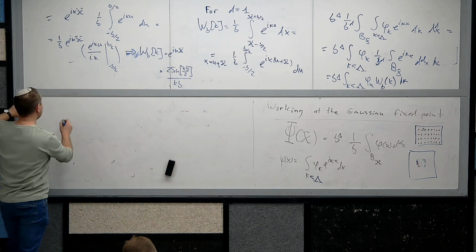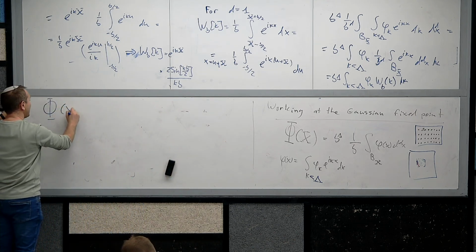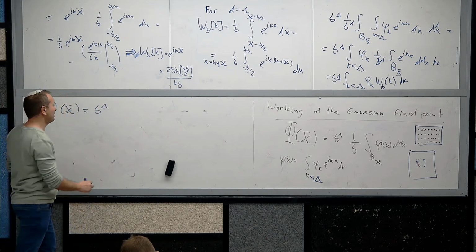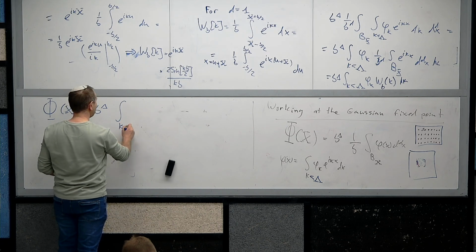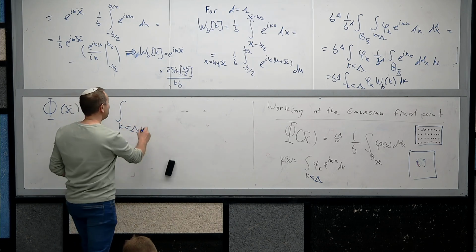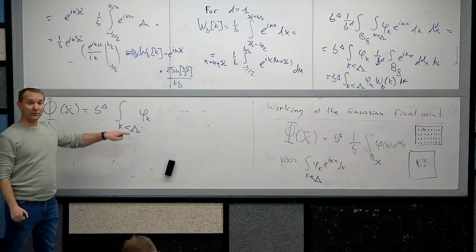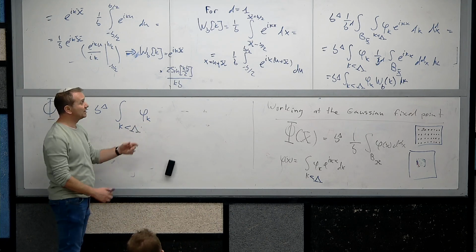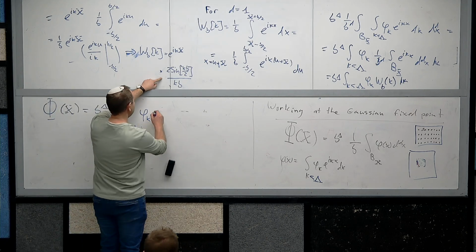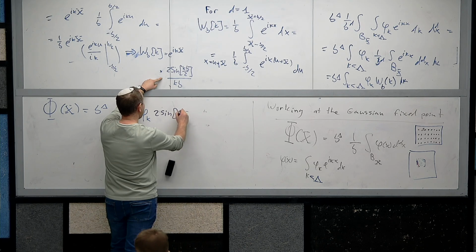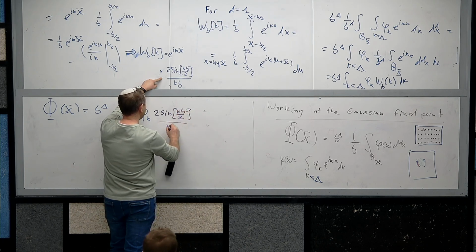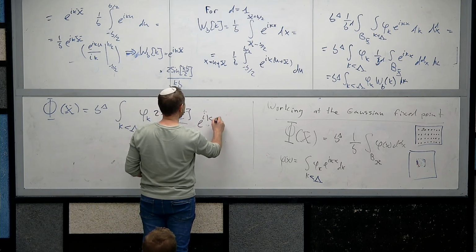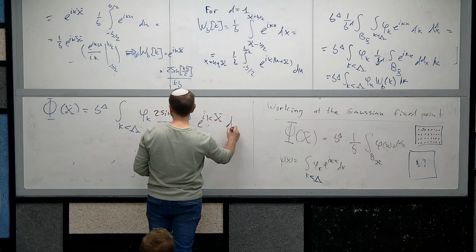In one dimension, I got the following: phi of X equals b to the delta, an integral over k smaller than lambda, of phi of k, which I know what they are, right? Those are the original representations of the fields. I have this guy, 2 sin kb divided by 2 divided by kb, multiplied by e to the power i k large X dk.